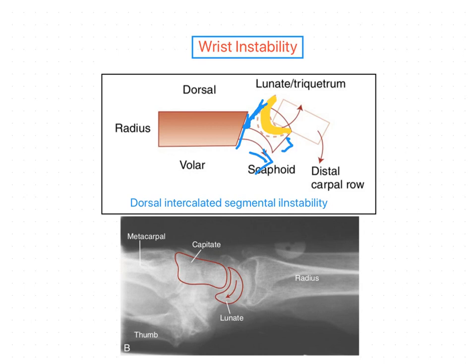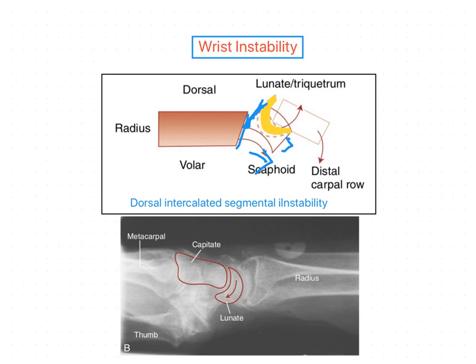Okay, then what happened? The next step after this, the lunate and triquetrum together act as an unstable segment. If the scaphoid is going to be in flexion, one bone of the proximal row becomes unstable.